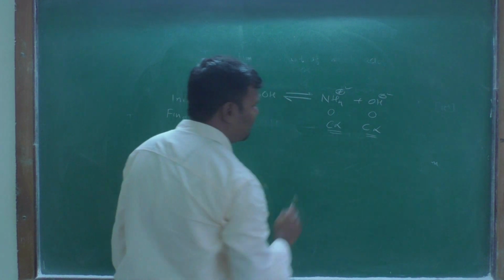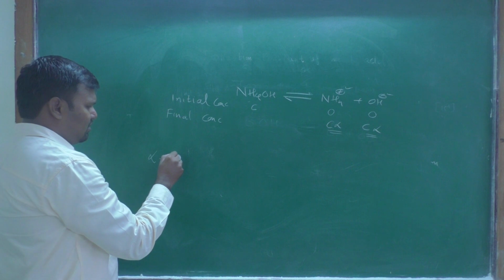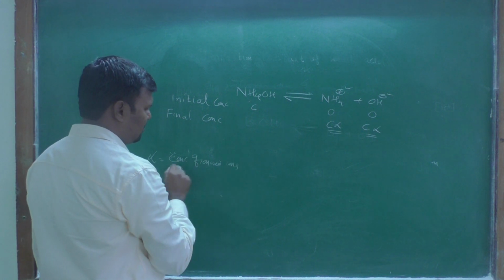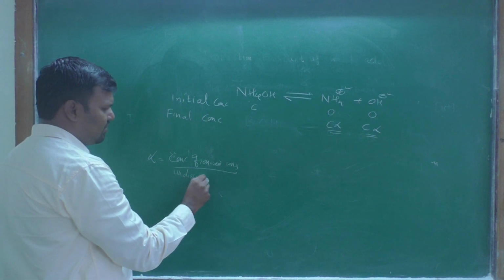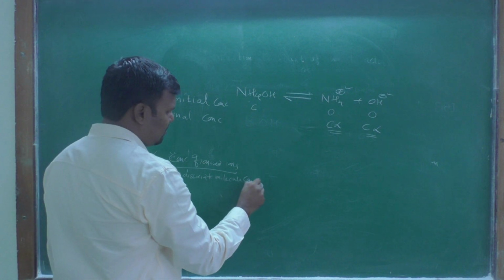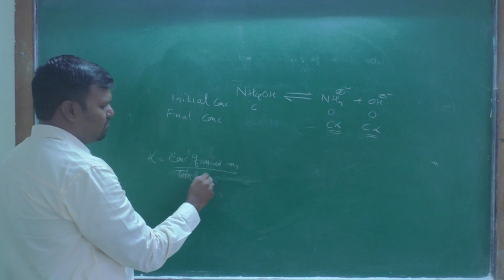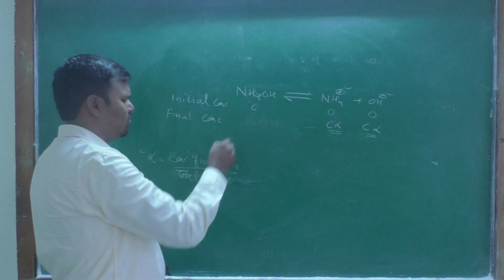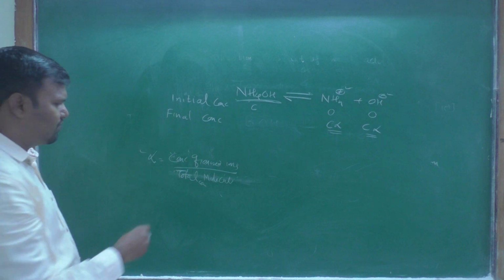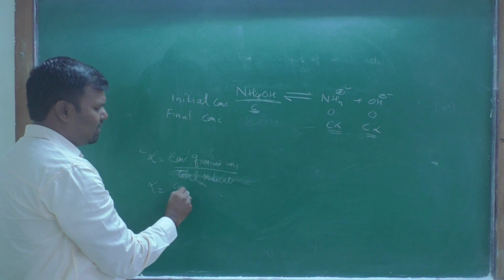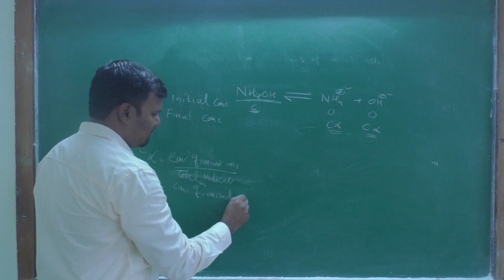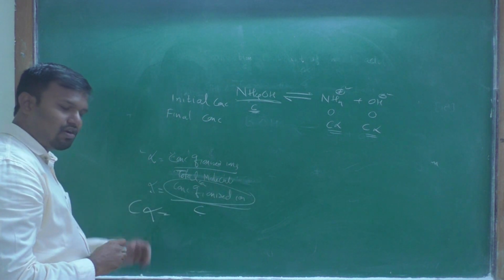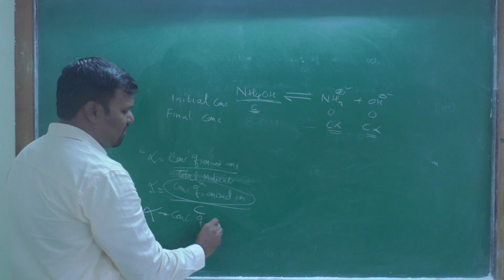The value of C alpha is obtained from the degree of ionization alpha, which is given by the concentration of ionized molecules divided by the total concentration of the base. The total concentration at the start was C, therefore alpha equals the concentration of ionized ions upon C, so C into alpha is the concentration of ionized ions.